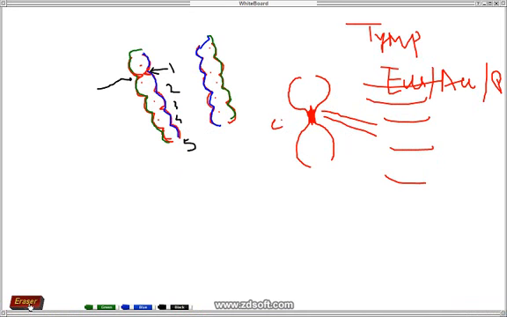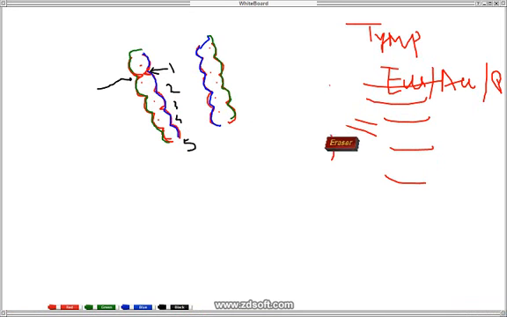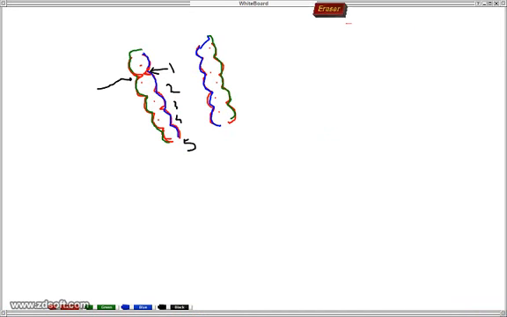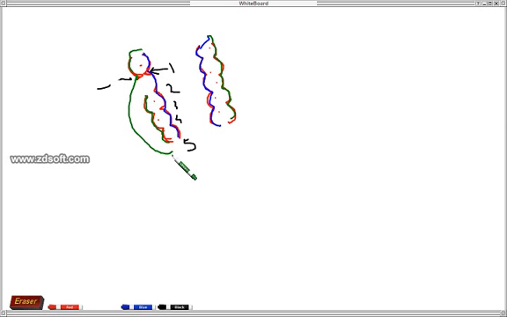Now let me erase this. Moving further. When you see this second arch, it develops further and downward, and it encircles, or you can say covers, the other arches.